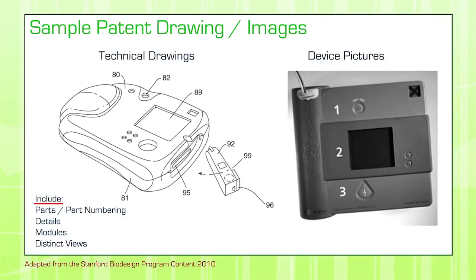It could include dimensions, or how a certain shape must be accomplished. It also includes modules if your device has several modules. It will also include several distinct views that can give you a very good sense of how the device looks and works, and how it interacts with the user.